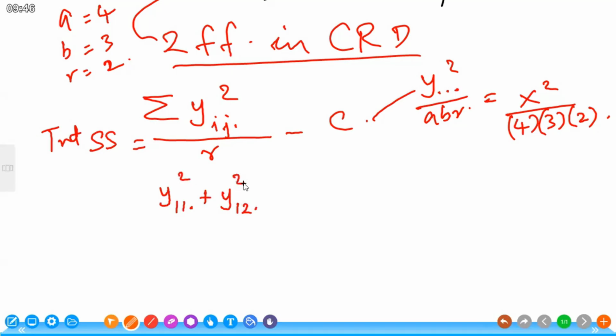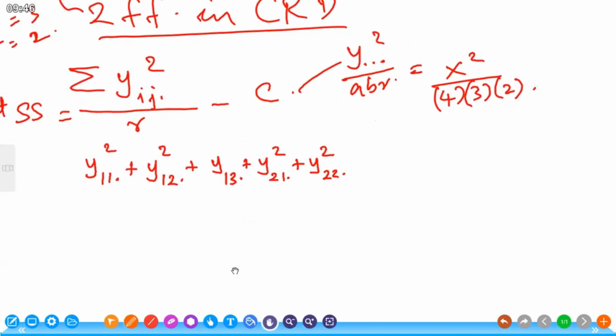Square all these. Plus y13 dot, okay? Plus y21 dot squared plus y22 dot squared. So this is the principle.